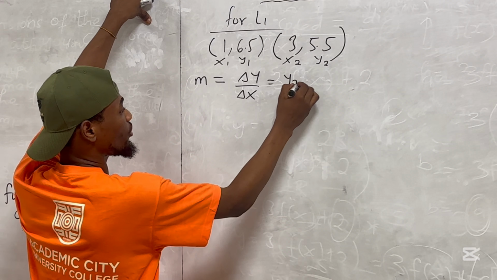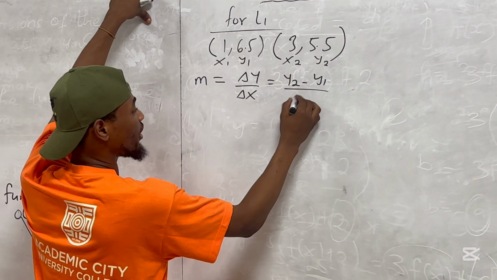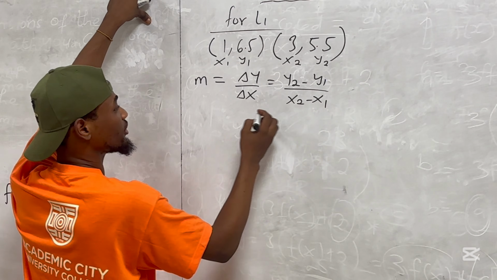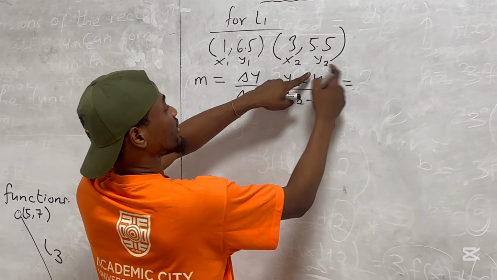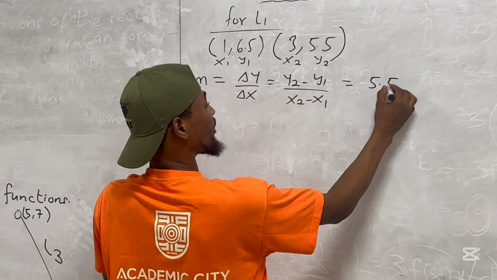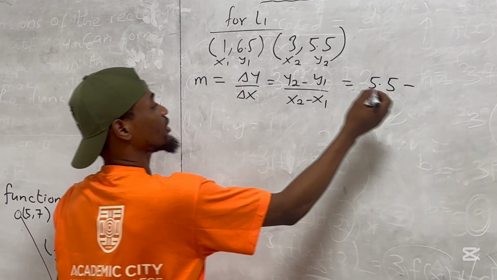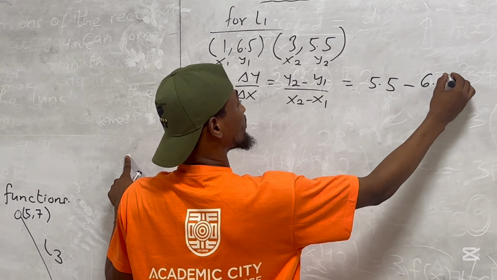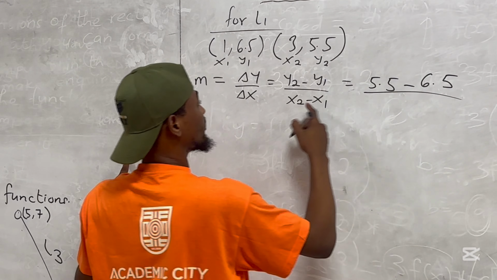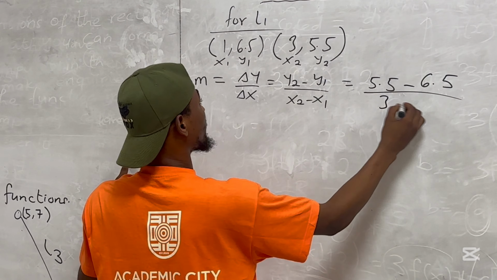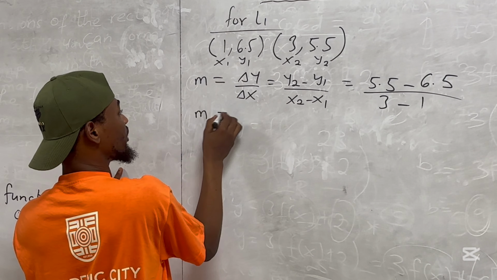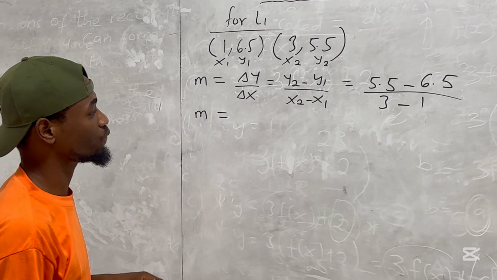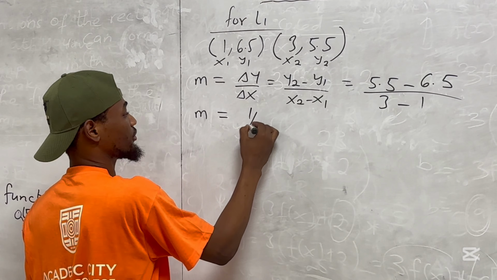So we have y2 minus y1 over x2 minus x1. So y2 here is 5.5 minus y1. Y1 is 6.5 over x2. We have 3 minus 1. So m is equal to half.